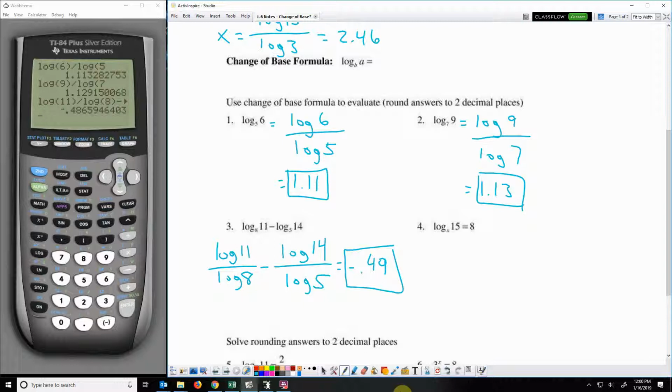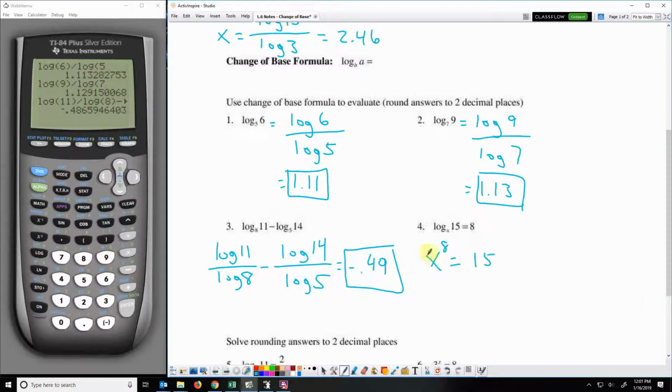Okay, so not every equation will use the change of base formula, but now we've got one more option when we're solving equations. So here, I don't think change of base is going to help. Log 15 over log x isn't going to really help us much. So this one, I'm going to change to exponent form. x to the 8th power equals 15.